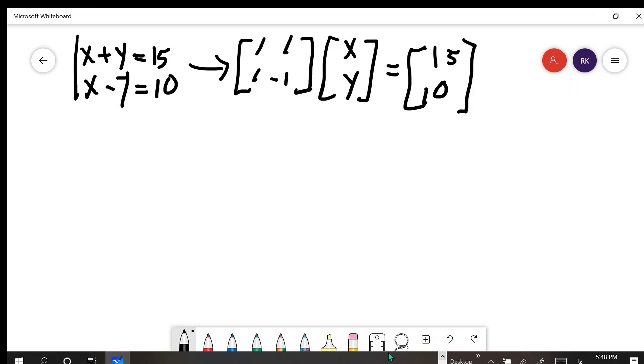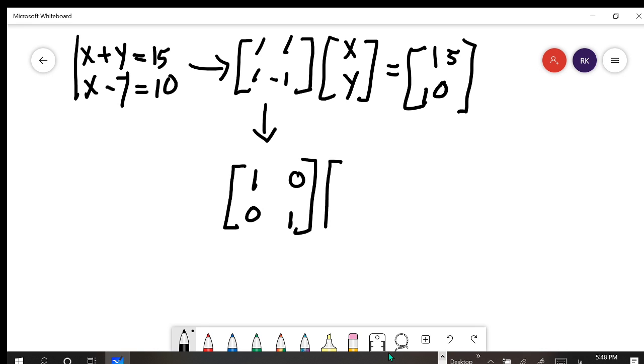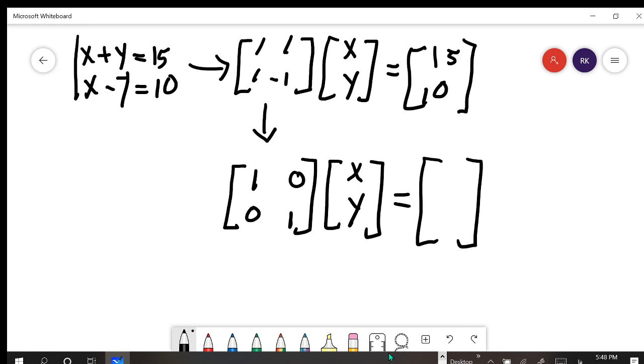Now notice that if I can somehow convert this matrix equation to a matrix equation that looks like this, and then over here I have some numbers.